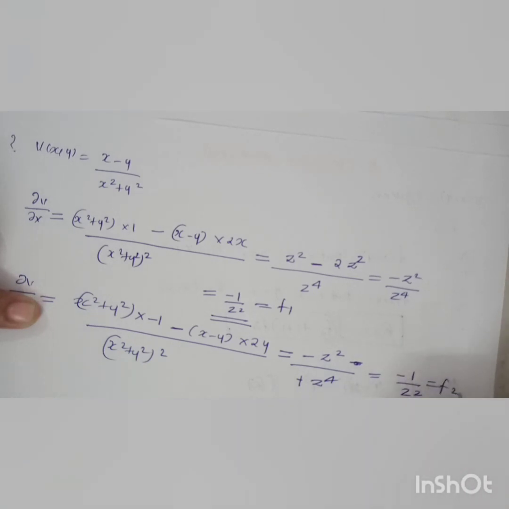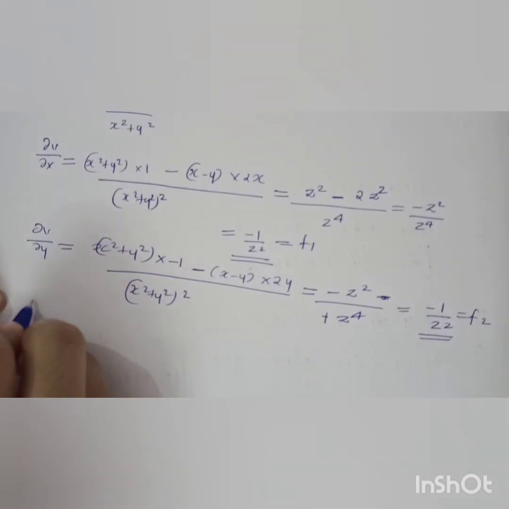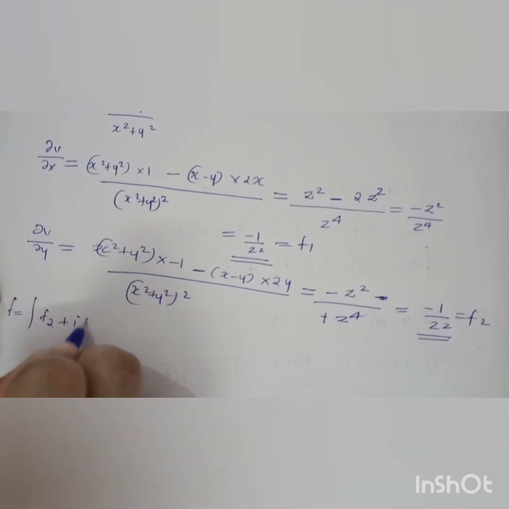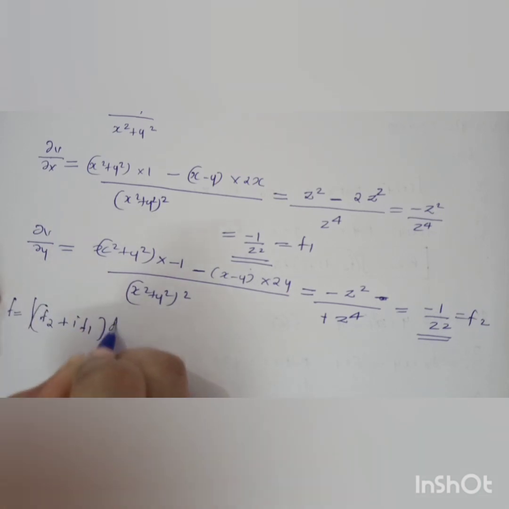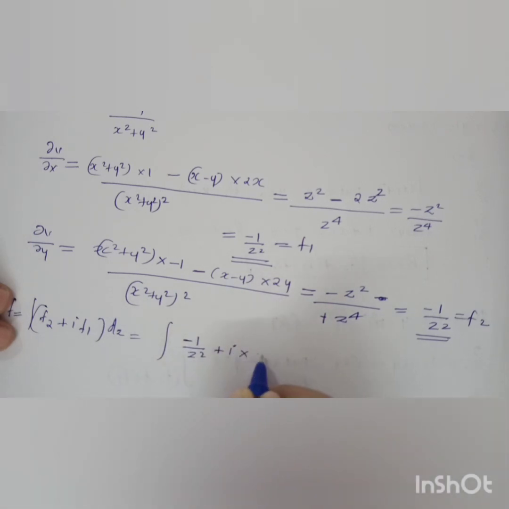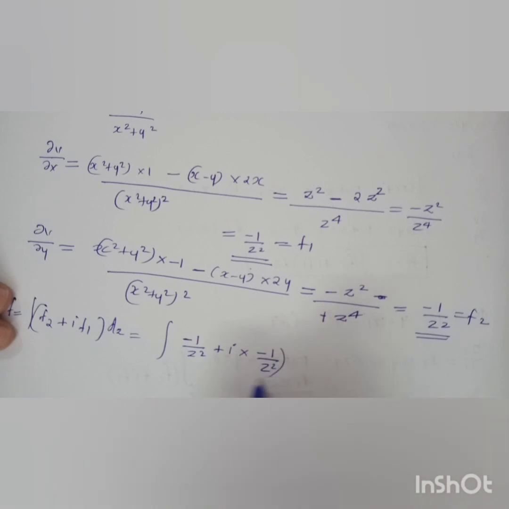This is f2. We know that the function f is integral f2 plus i f1 dz, so integral of minus 1 by z square plus i into minus 1 by z square dz. That is z raised to minus 2, using z power n plus 1 divided by n plus 1, so that is minus 1 by z.